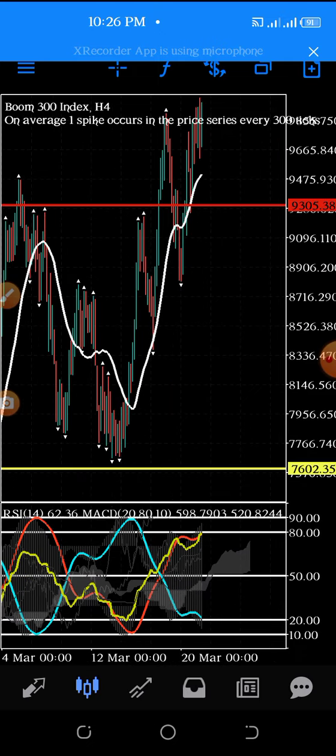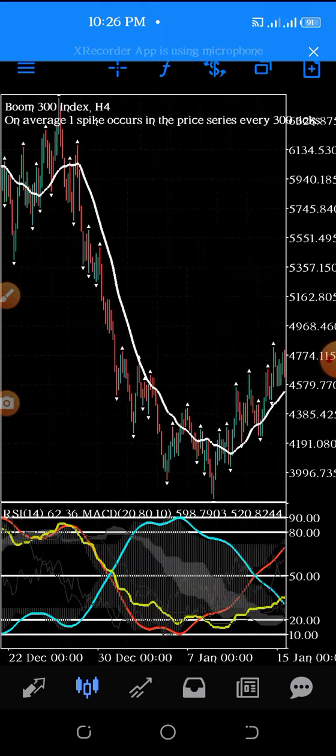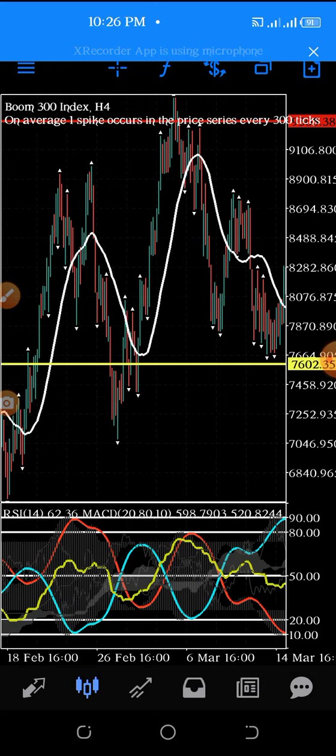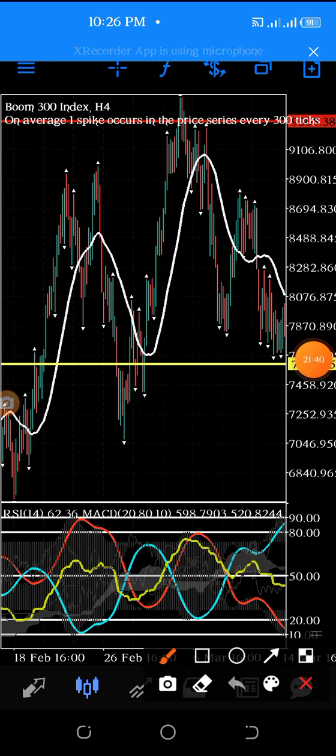It's wrong because it will actually give you fake signals and it will not work out. Look at what I use now. I think you can see it here, just watch my arrow. It's H4. Are you seeing it? Boom 300 index, H4. So that is it.